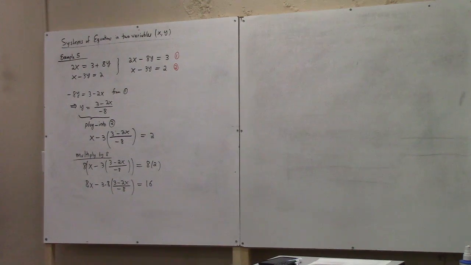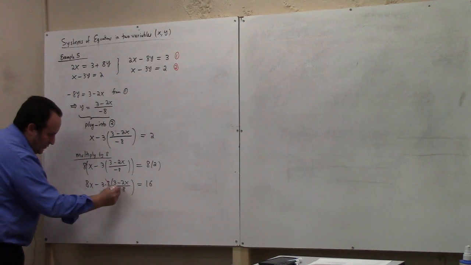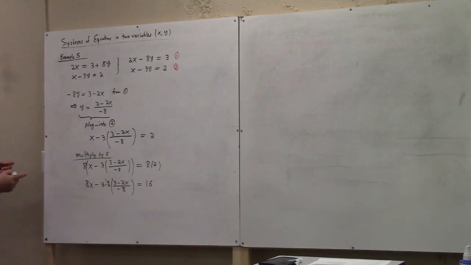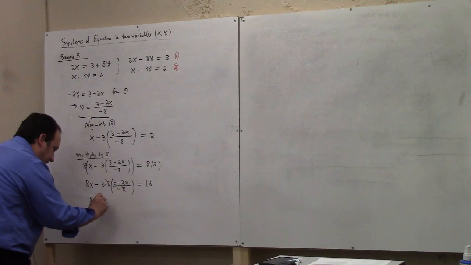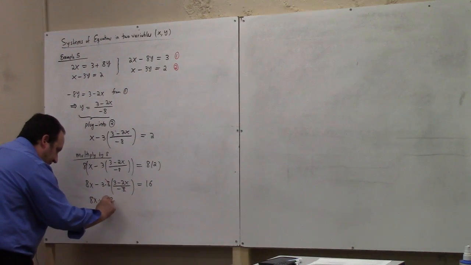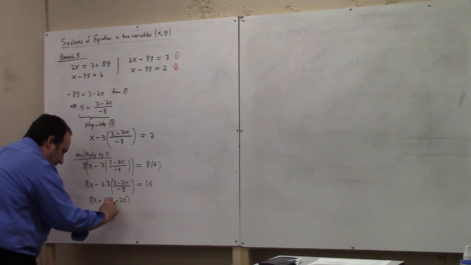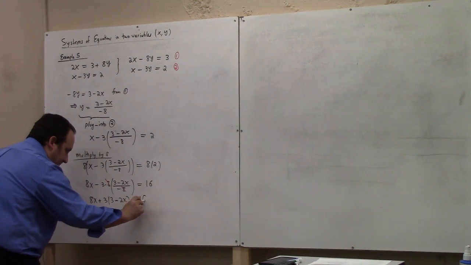I'm going to cancel those 8s now. Notice that I have a net of a minus times a minus, which gives me a plus, right? So I get 8x plus 3 times 3 minus 2x equal to 16.